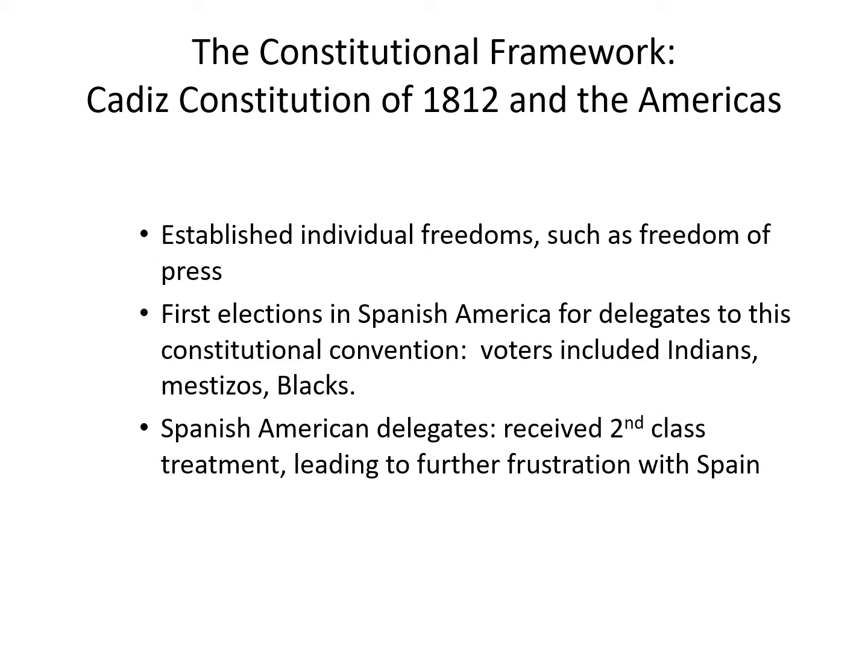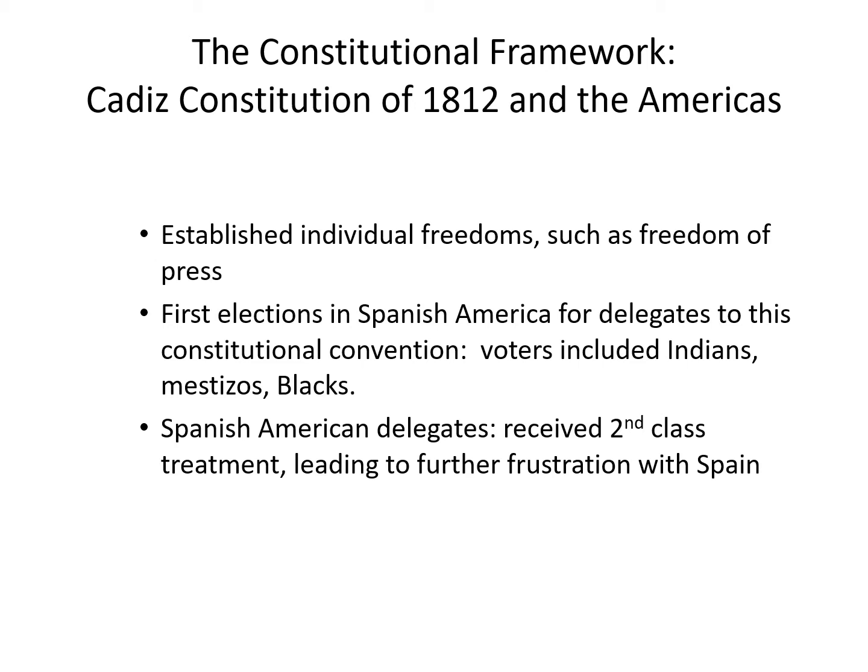It established individual freedoms, such as the freedom of the press. It created the first elections in Spanish America, where people voted for delegates to the Constitutional Convention. And the voters included indigenous people, mestizos, and blacks.